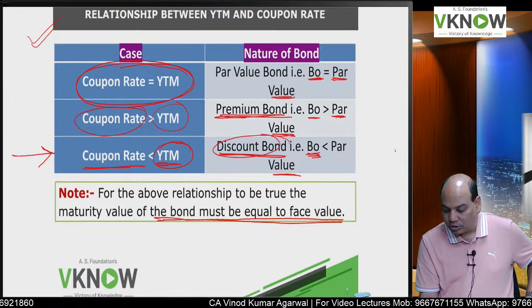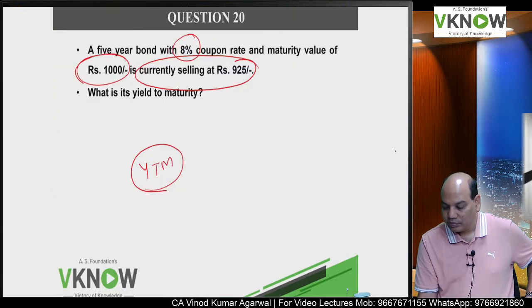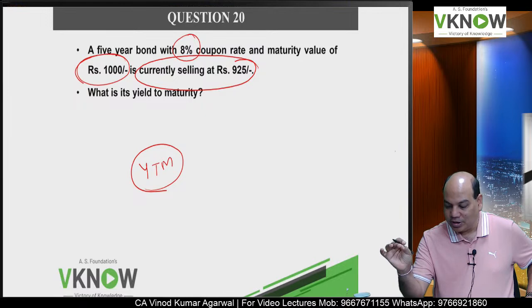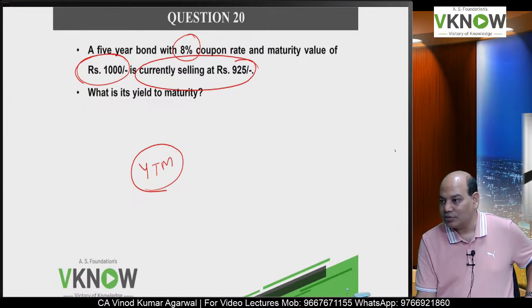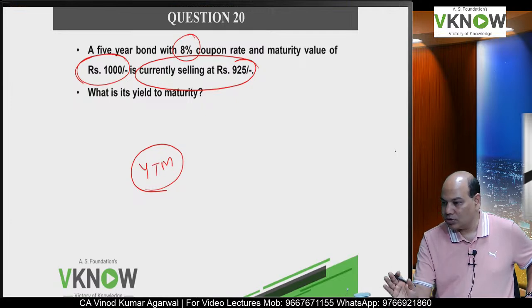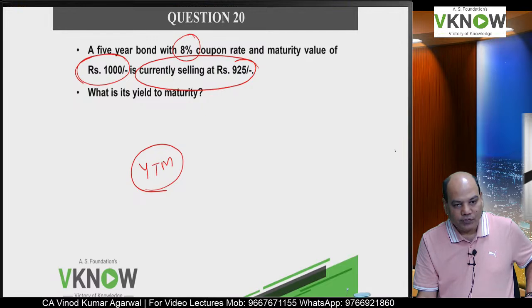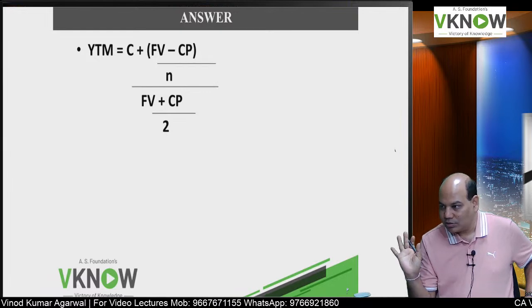If it is a discount bond, YTM is greater than coupon rate. Only if you use a higher discount rate than 8% will the present value be less than 1000. So your answer must be greater than 8%. If you are getting an answer less than 8%, it means you have made a mistake in the calculation.